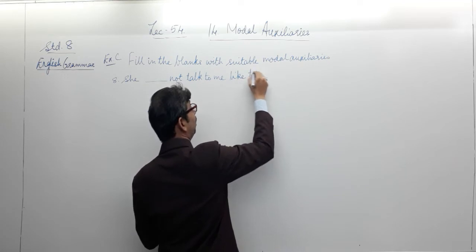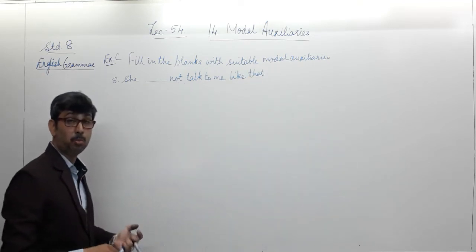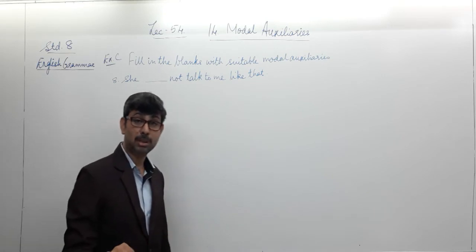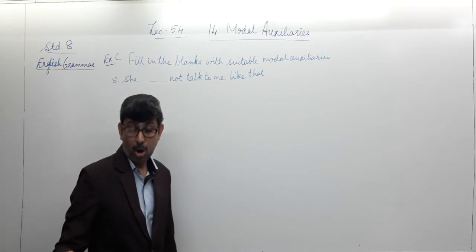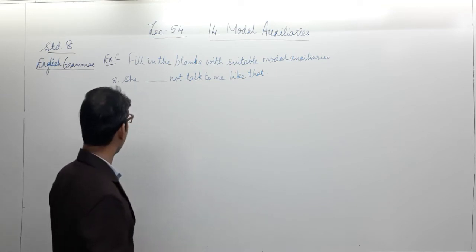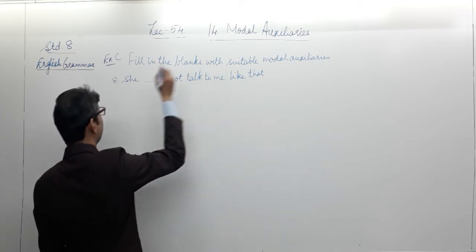So the sentence expresses the idea that someone is not allowed to talk to the person like that. Therefore, we need a strong obligation over here, a strong moral obligation word over here, and it is must once again.